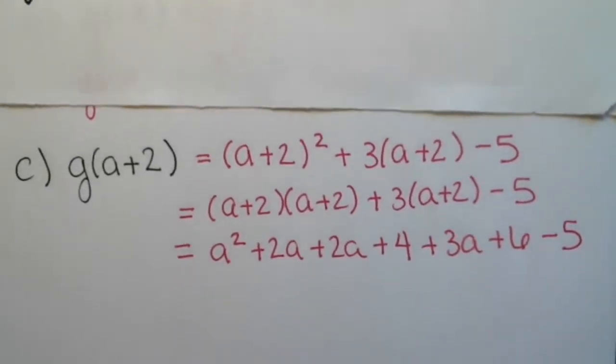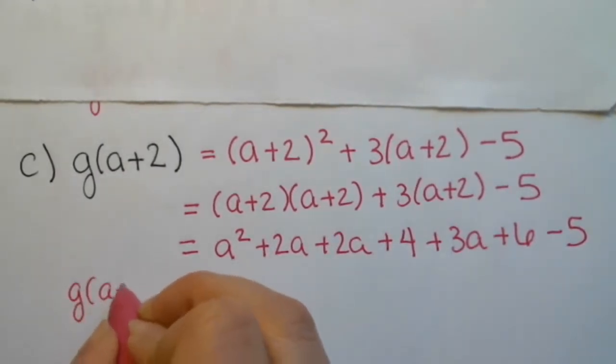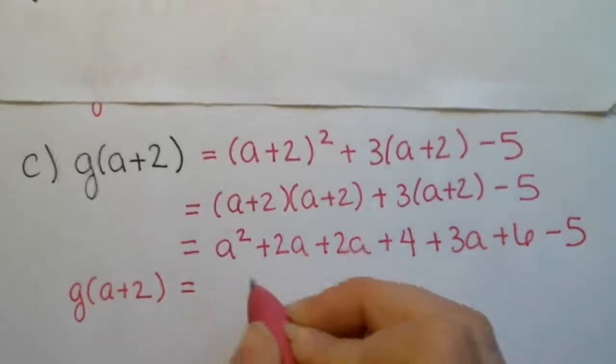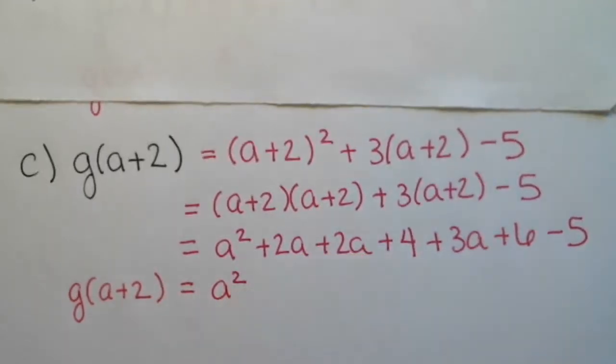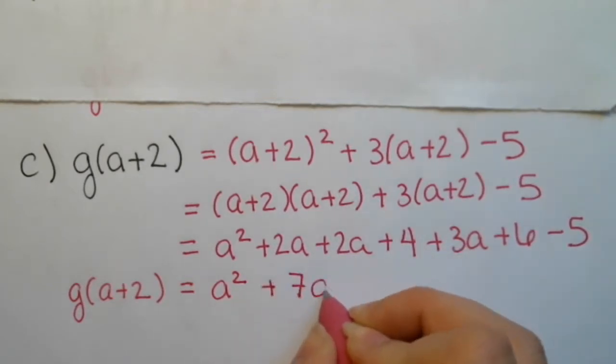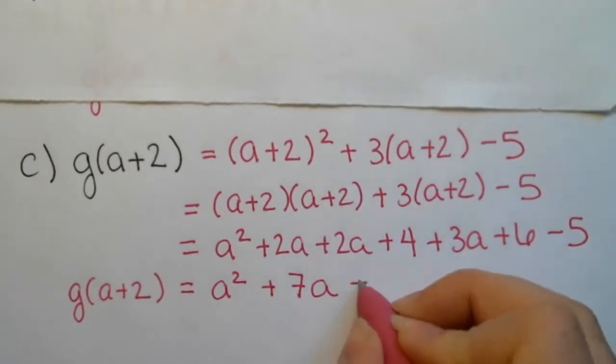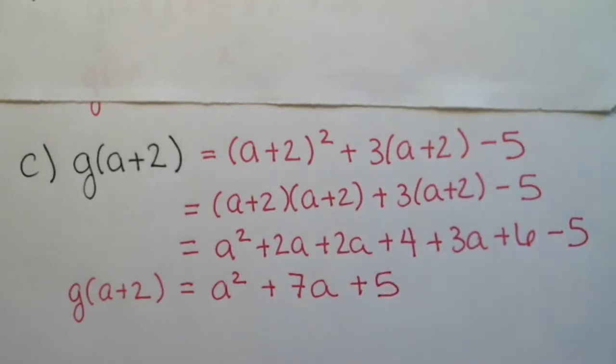Now we're going to look to combine like terms. So I have a squared. Then my a terms, I have 2 plus 2 plus 3, that's 7. And my constant terms, I have 4 plus 6, which is 10, minus 5 is 5.